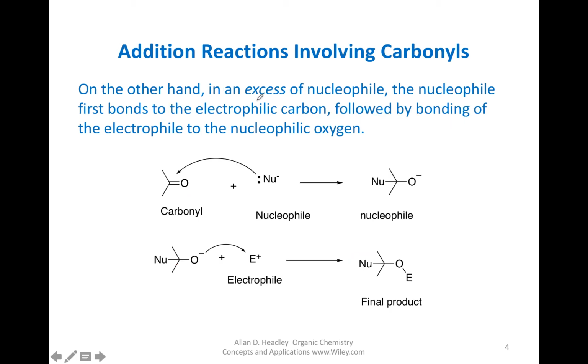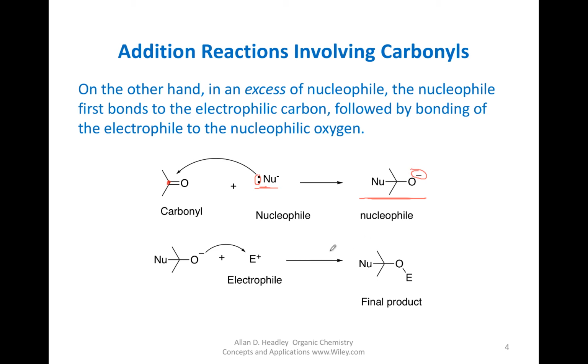In the presence of an excess of nucleophile, such as a base, the nucleophile will add first to the electrophilic carbon, compared to the last one where the electrophile added first to the electronegative oxygen because there was an excess of E plus. But here we have an excess of nucleophile, so it adds first to give this type of intermediate. Notice it's an anion this time and not a cation as before.